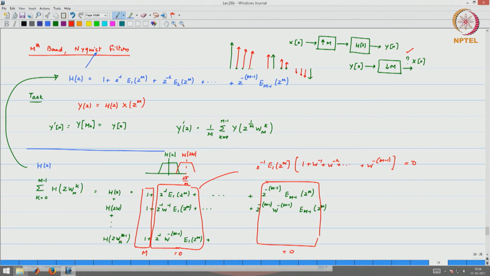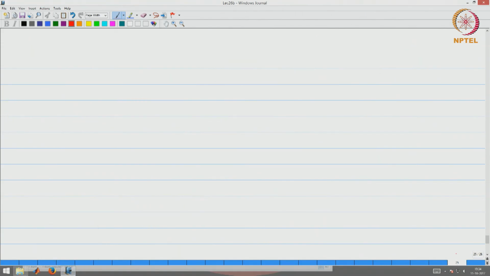So, basically what we said was this expression for a Nyquist filter will add up to m, or in other words, a Nyquist filter also satisfies the following condition, that 1 over m summation k equal to 0 to m minus 1 h of z w k must be equal to 1.